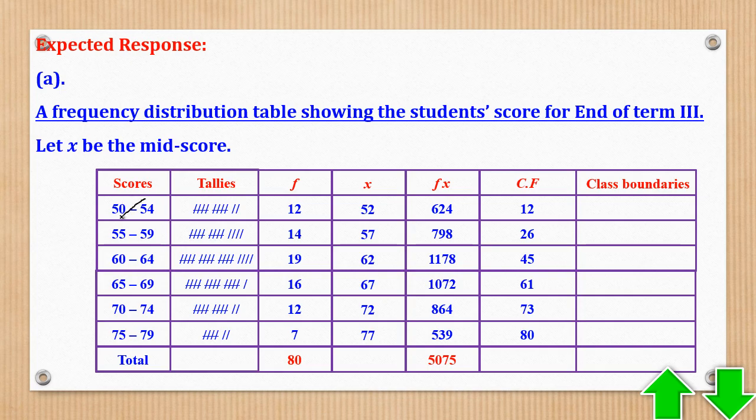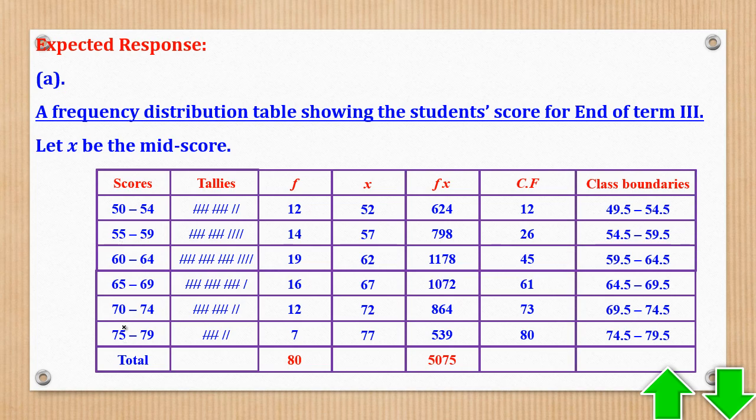So you look at this, subtract and divide by 2. So 55 minus 54 is 1, 1 over 2 is 0.5, meaning that to get the upper class boundary you keep adding 0.5 to these values, and to get the lower class boundary you keep subtracting 0.5 from these values. So the first class we get this, second we get that, third, fourth, fifth, and lastly this. So that is the table.